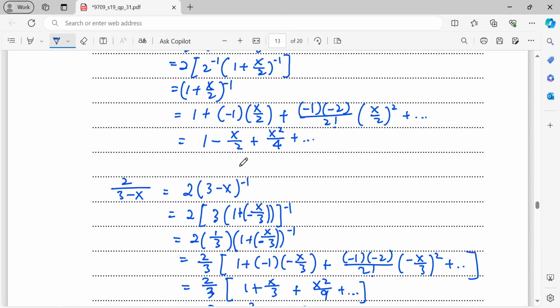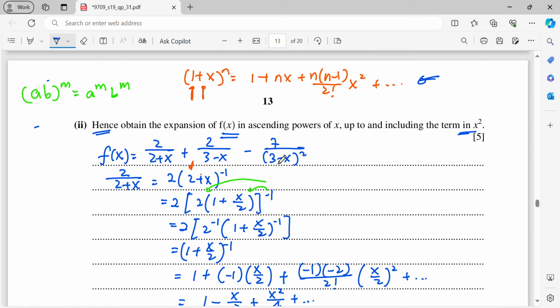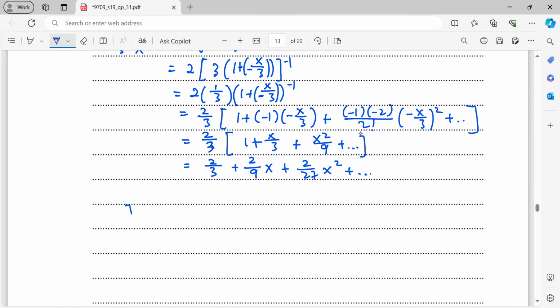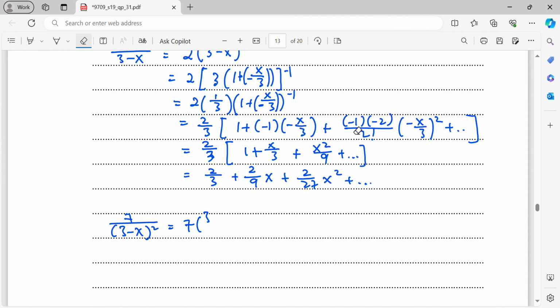Okay, now last term, you are getting 7 over 3 minus x squared. Later I will minus. So I will write 7 over 3 minus x squared. This is going to be 7 times 3 minus x to the power of negative 2. So from here, again factorize a 3.